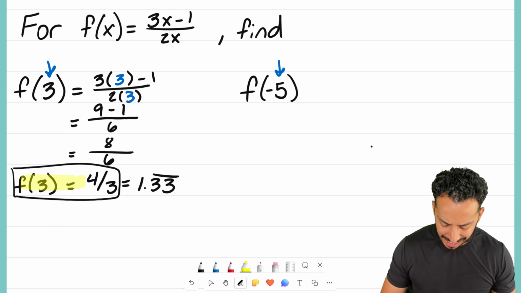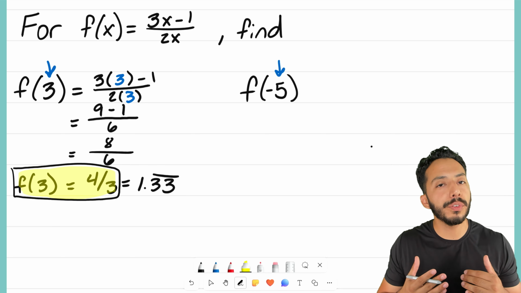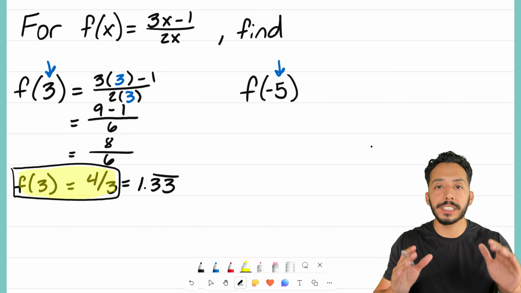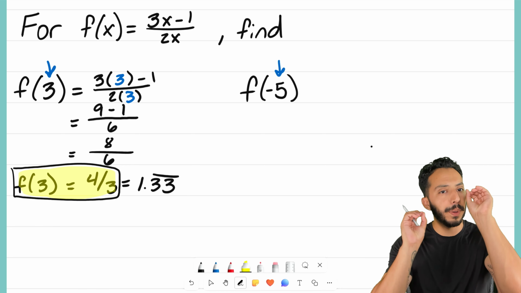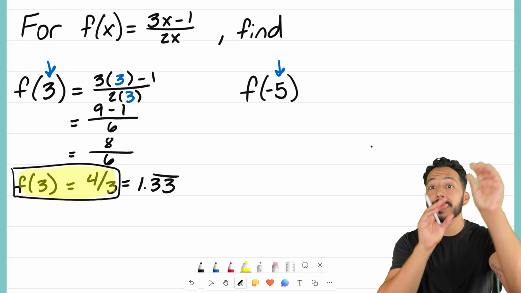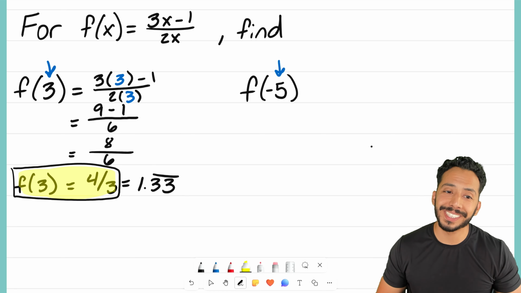The decimal is kind of ugly. We don't really like it. So instead, we'll leave it as f of 3 equals 4 over 3. That's how we solve these function problems. My input was 3. I put the 3's in for both those x values. Simplify the numerator, simplify the denominator, get my final answer as 4/3.